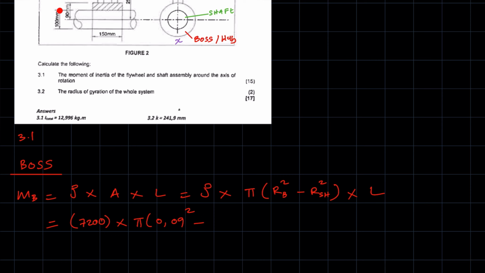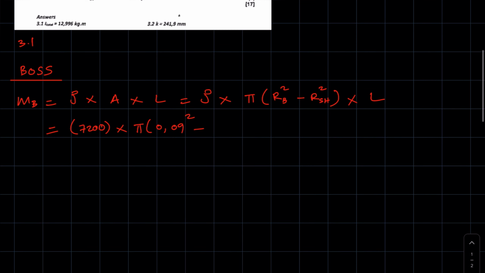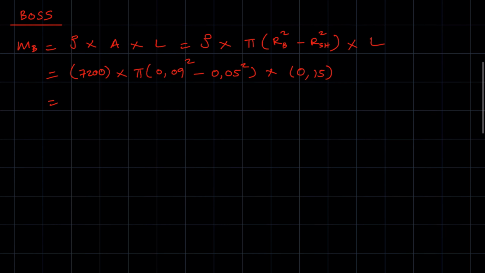That's the diameter of the shaft, so we are looking for that radius, which is half the diameter. Half of 100 is 50 millimeters, in meters 0.05 squared, times the length, which we've established is 150 millimeters, which is 0.15. Now if you punch this in your calculators, we are going to get 19 kilograms.